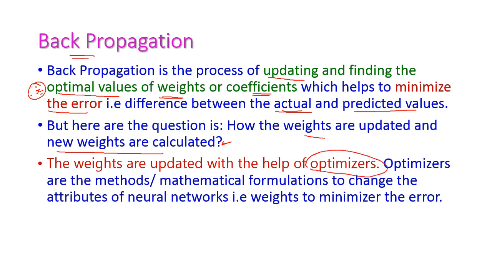Optimizers are the methods or mathematical formulations used to change the attributes of the neural network, that is the weights, to minimize the error. We have to adjust the weights in all the nodes so that we can minimize the error. This is called backpropagation.